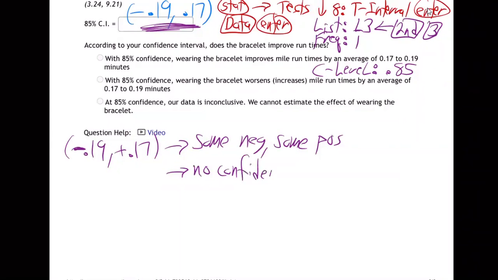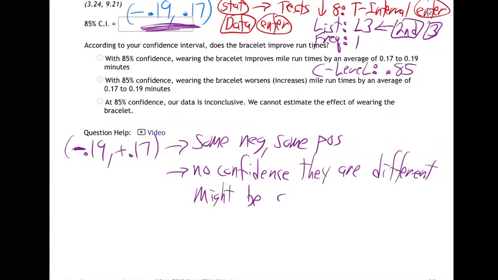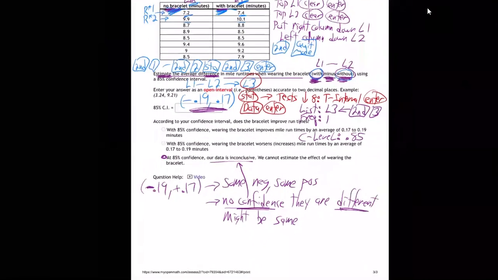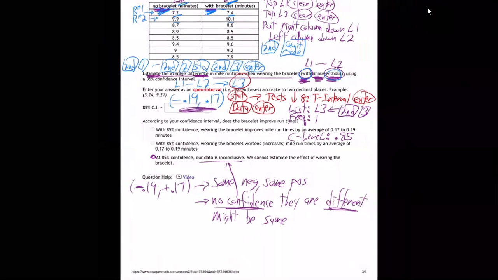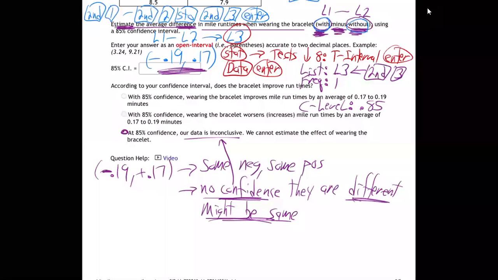So we say inconclusive. We have no confidence that the bracelet makes a difference. It might be the same. These runners might be doing the same with and without the bracelet. At the 85% level, we do not have 85% confidence that the bracelets really make a difference. We have no confidence.